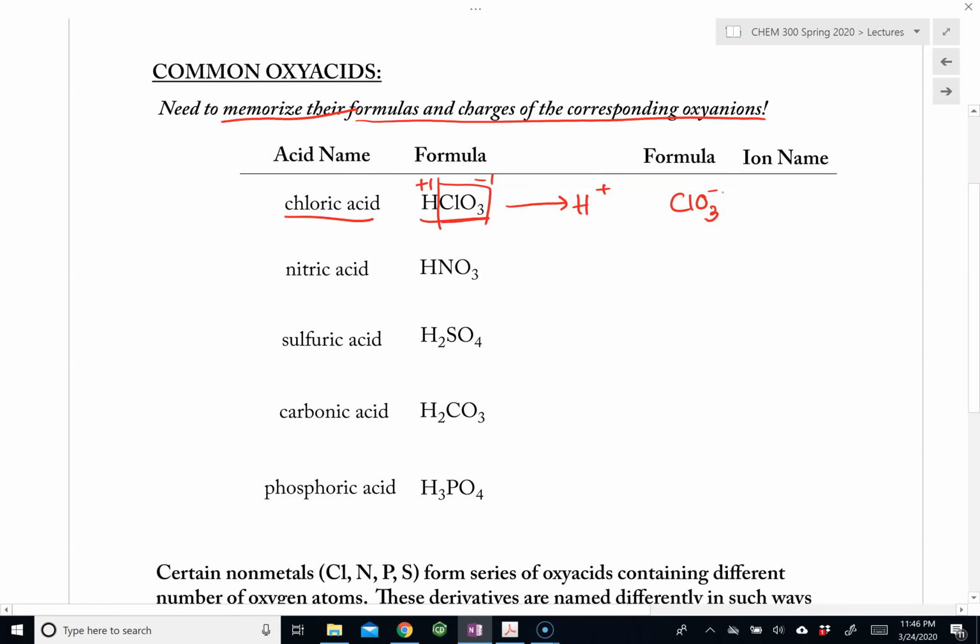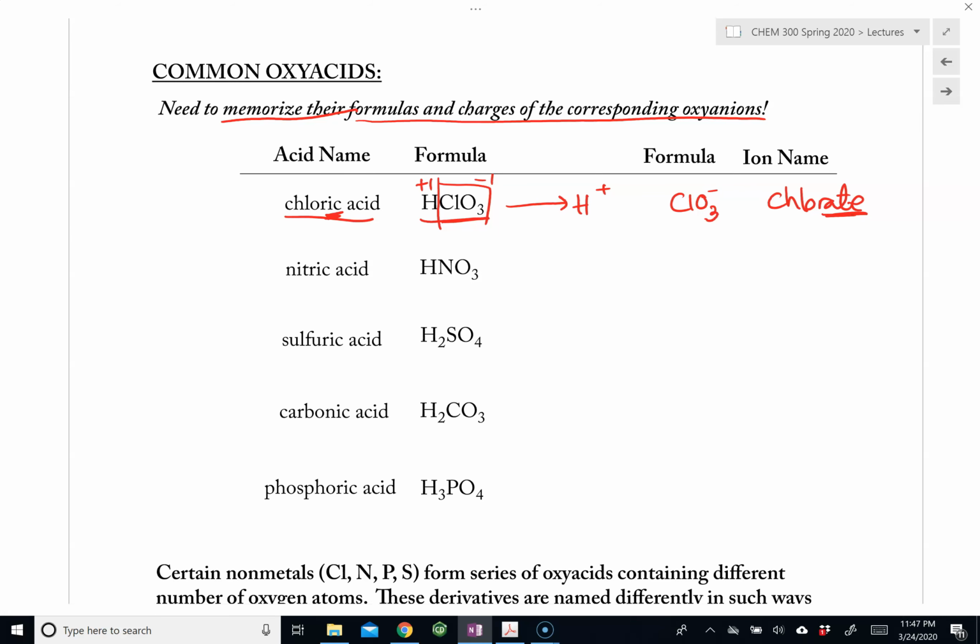And to name this oxy anion, it is called chlorate. So again, the -ic ending is now replaced with the -ate ending. That's how we would name the oxy anion from the name of the oxy acid.